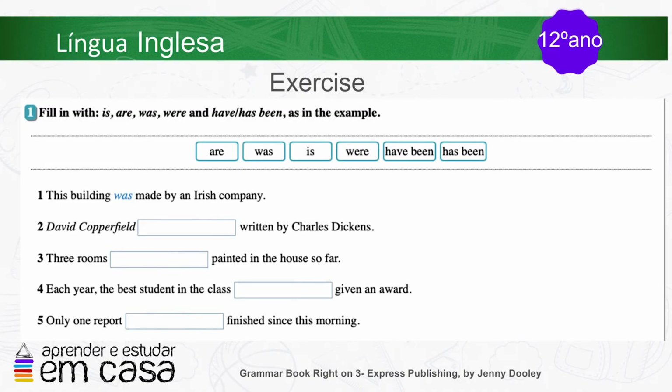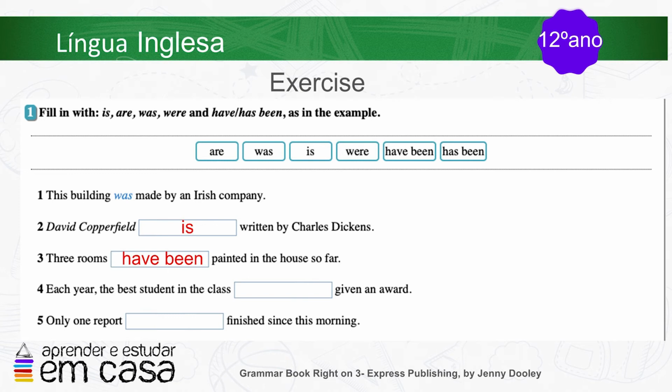So let's correct the exercise. I know that you have done it well because you are very good students. So let's see how it's going to work. David Copperfield is written by Charles Dickens. Three rooms, you did it well again, have been painted in the house so far.